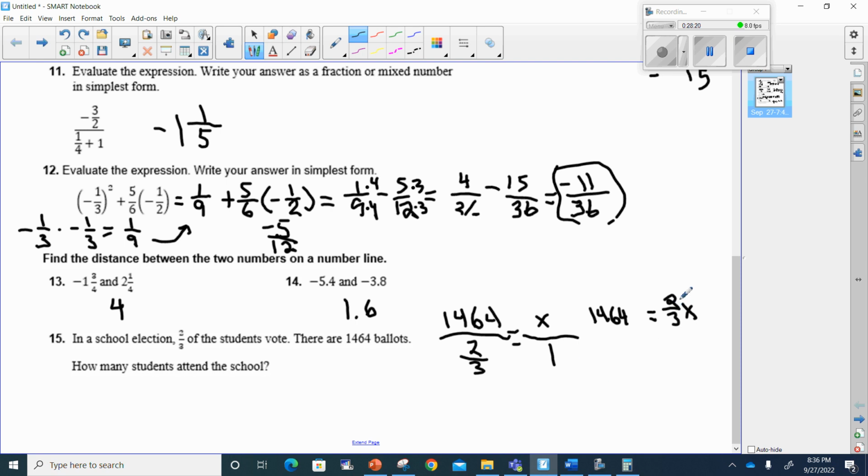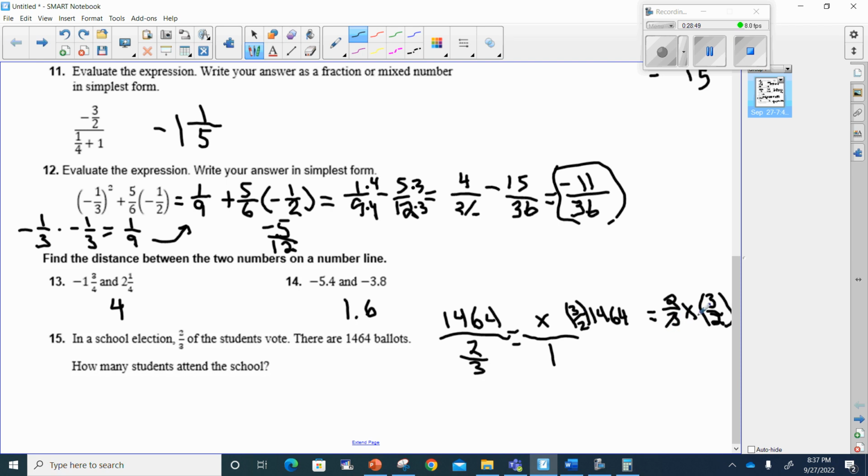Now, to get x by itself, I have to multiply 2/3 to 3/2, the inverse. And that gives me a 3 on the top, 3 on the bottom. I cross that out, and that'll give me 1, and then I do the same with the 2's. So I'm going to have to do the same thing to this side, multiply it to 3/2, because whatever I do to one side of an equation, I do to the other.